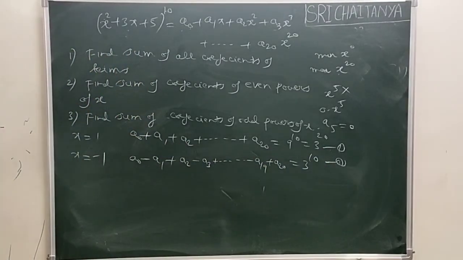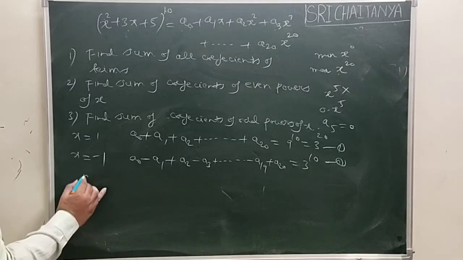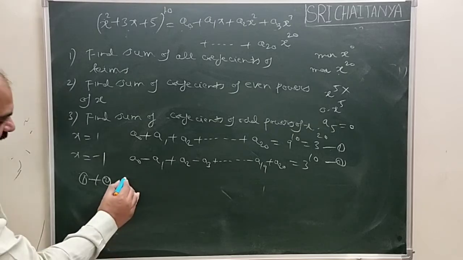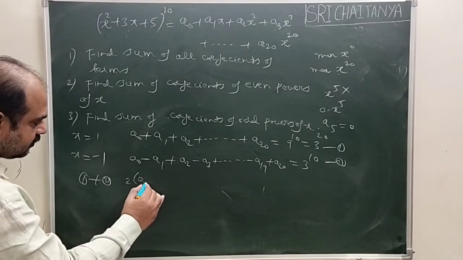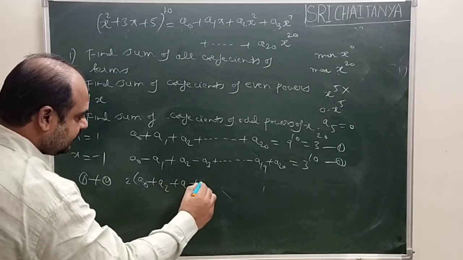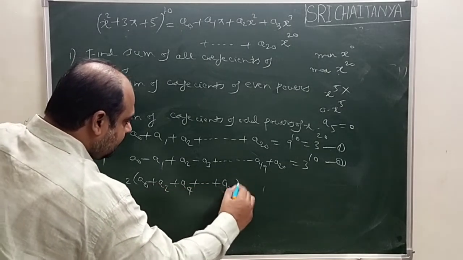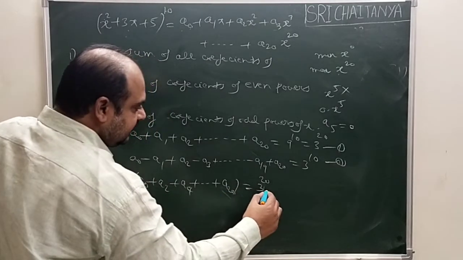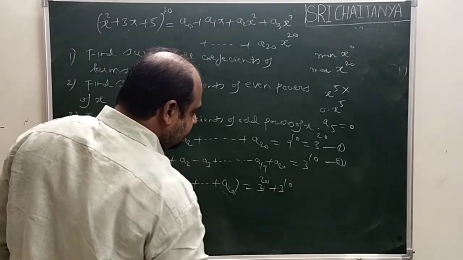Now if we add the two results, you will get 2 times A0 plus A2 plus A4 and so on up to A20, which is 3 to the power 20 plus 3 to the power 10.